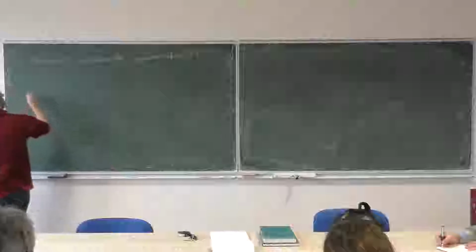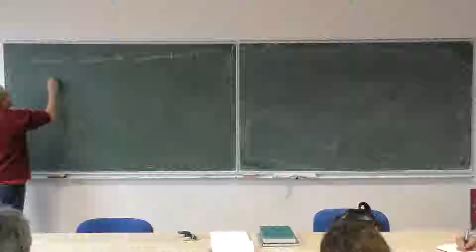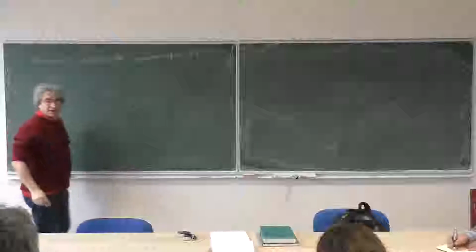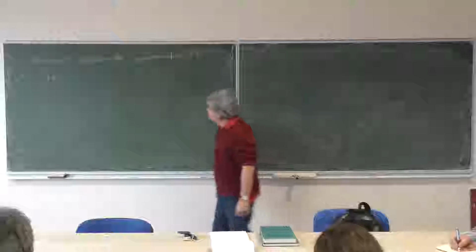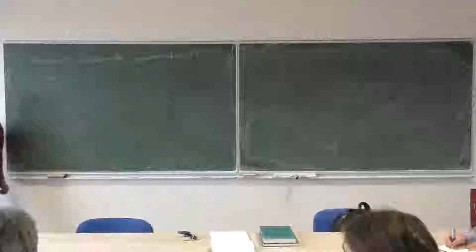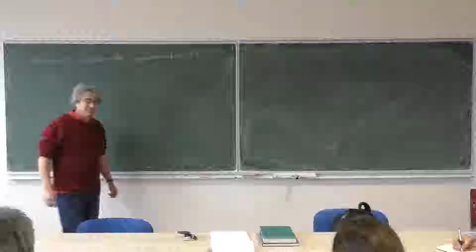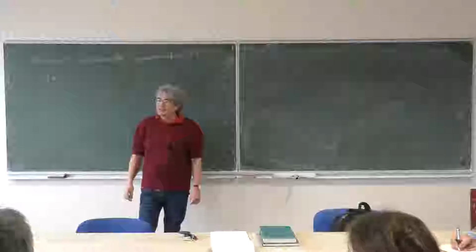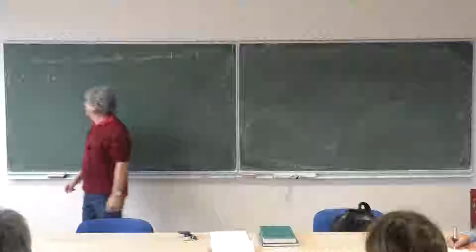That's the first question. The second question: I wrote at some point this metric in the Hilbert space of representation J, and I said I'm going to say later what it is and give the exact formula, which I didn't, so I'm going to give you this.